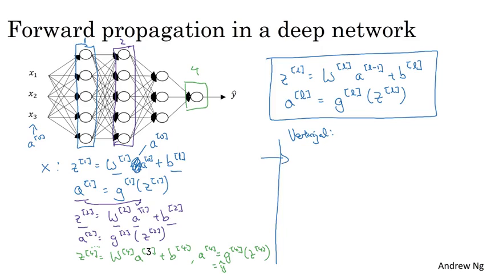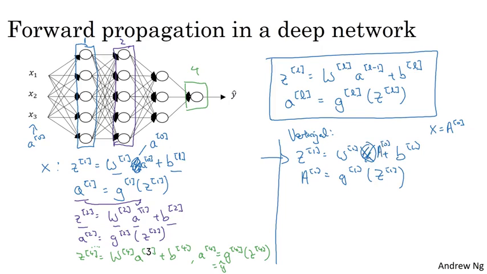For the first layer, you would have capital Z1 equals W1 times capital X plus B1, and then A1 equals G of Z1, right? And bearing in mind that X is equal to A0, these are just the training examples stacked in different columns. You can put A0 there.